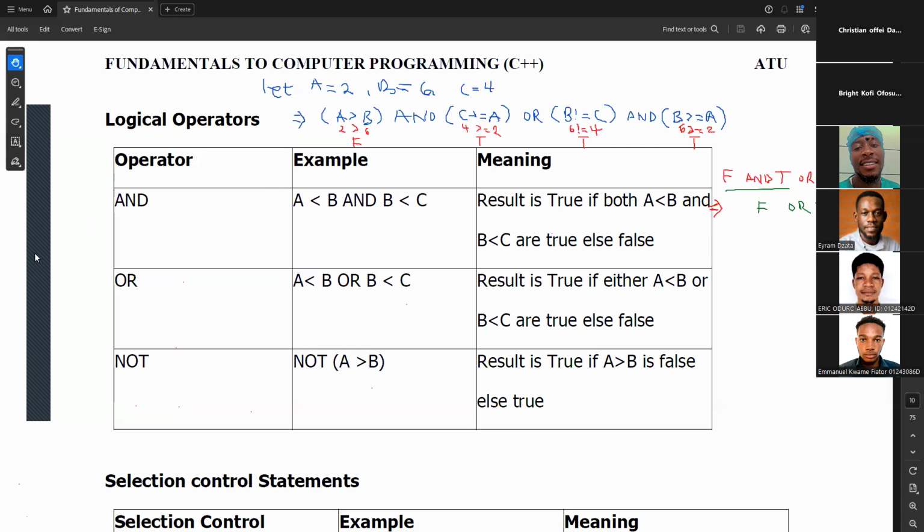Then we come to the next step. We take the next two. So false or true will give us what? True. So true and true. True and true will give us true. So our final answer is true.